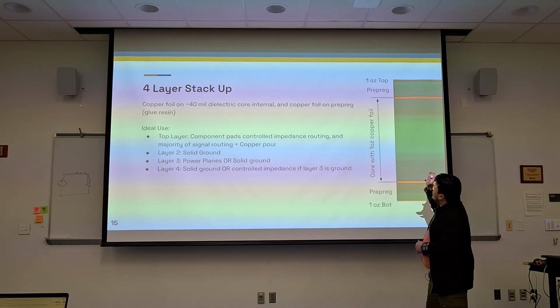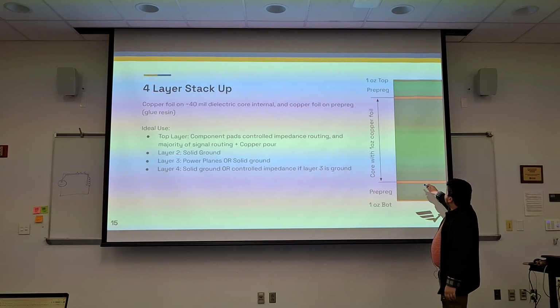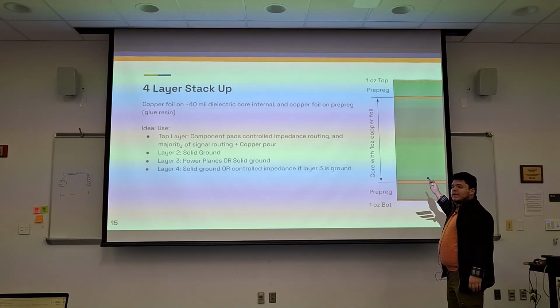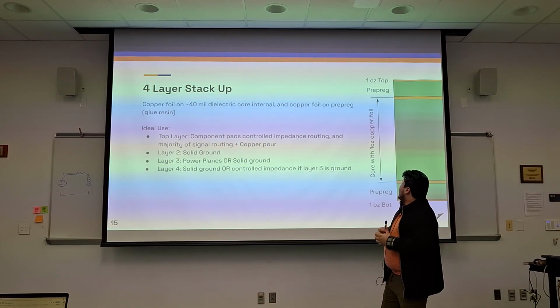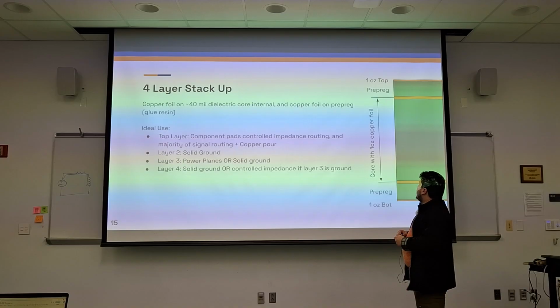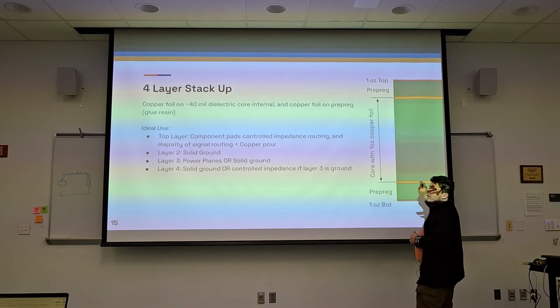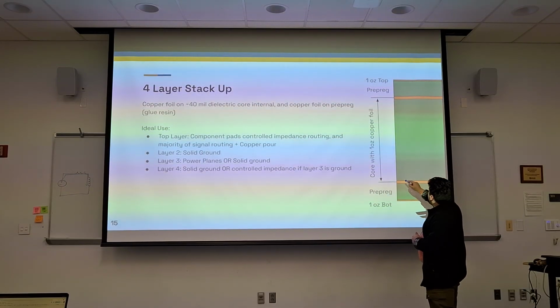When we're manufacturing a four-layer stack up, we actually still have to have this core material. And the core material is always going to be as large as it can be because it needs to be sturdy. So what we have for a typical four-layer stack up is roughly about 40 mils of this core material. Then we have this 1 ounce layer.